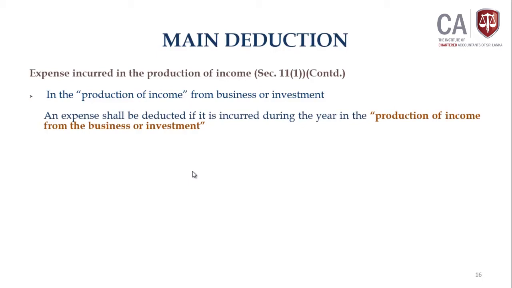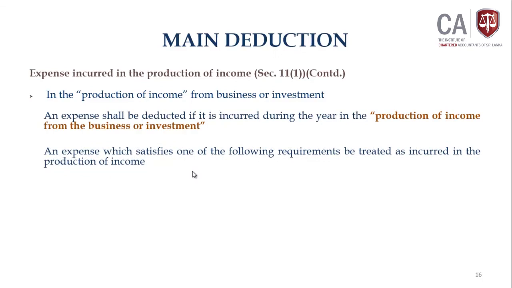I would like you to go through those cases and get yourself updated. Basically, as a rough guideline, expenses which satisfy the following requirements could be treated as expenses incurred in the production of income. The expenses which are incidental to the business. Incidental to the business, that means what? It is a normal thing from the business point of view.